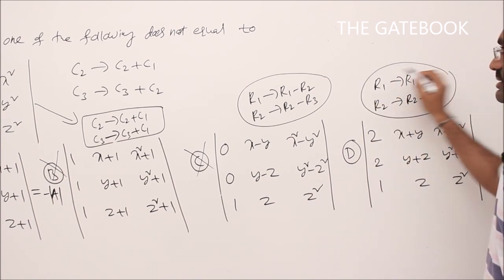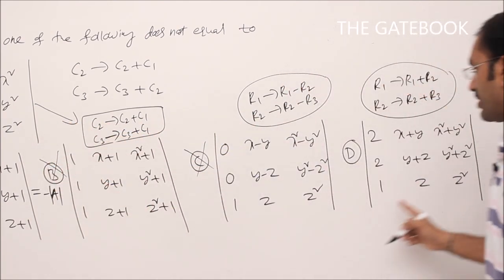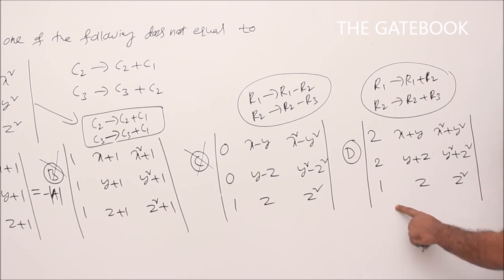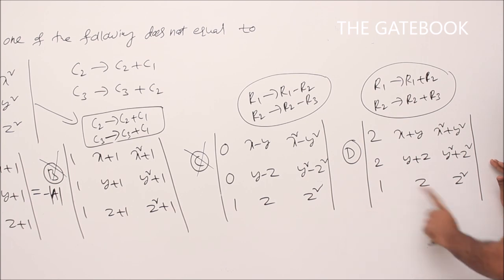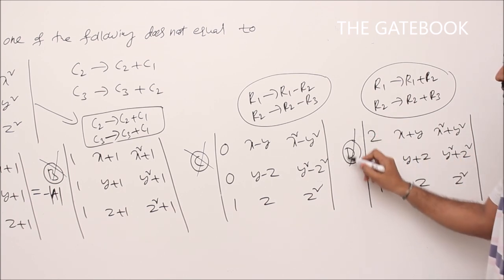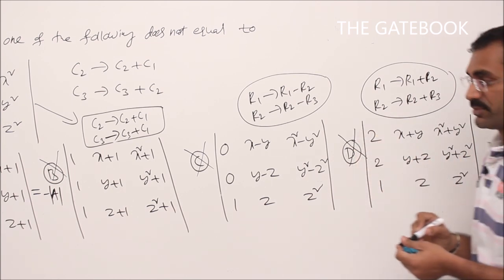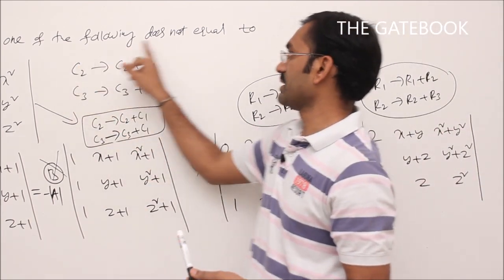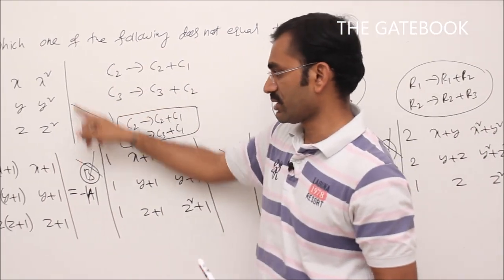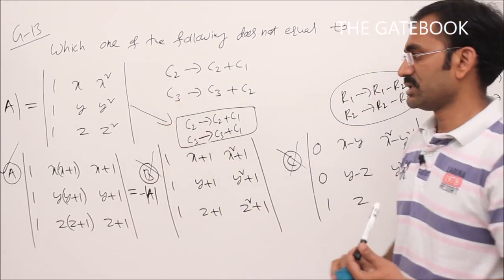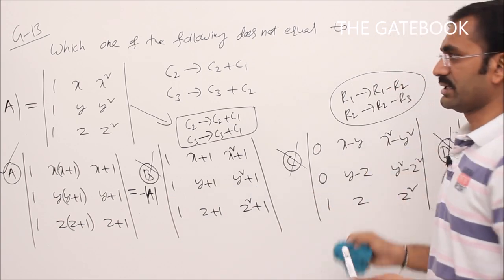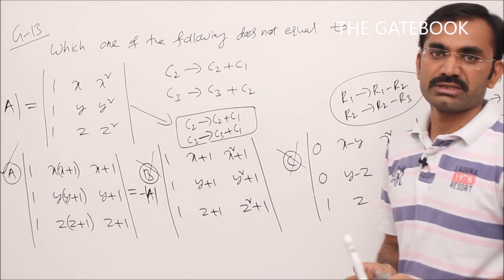Applying these operations on the given matrix, you will get option D. Here also the determinant of the given matrix and the determinant of this matrix are equivalent. So this is also not the correct option. Because the question is which one of the following does not equal to, and this is equal to minus of det A, option A only is correct, and B, C, D are not correct, using properties of determinants.